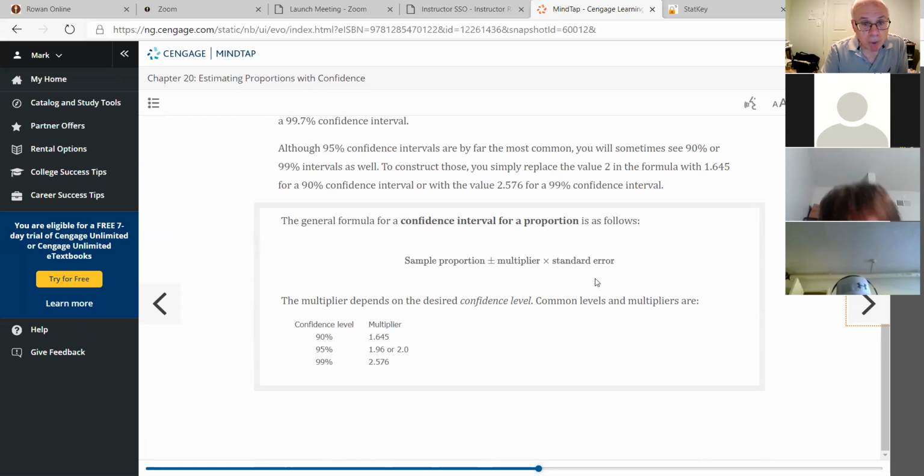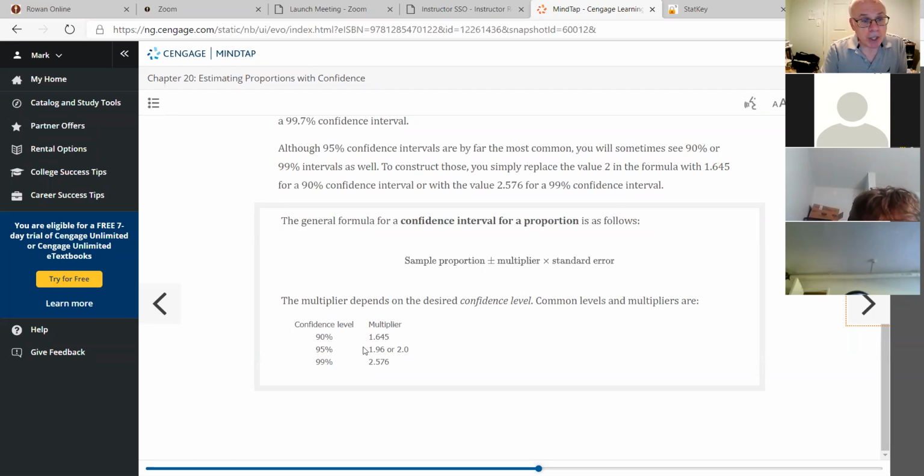And what do we get? The margin of error. That's how it's calculated through formulas. Again, you're not responsible for that, but you have to understand the general idea of how to create a confidence interval using formulas: you add and subtract a margin of error to the sample statistic, whether it's a mean or proportion. That's what you need to know.